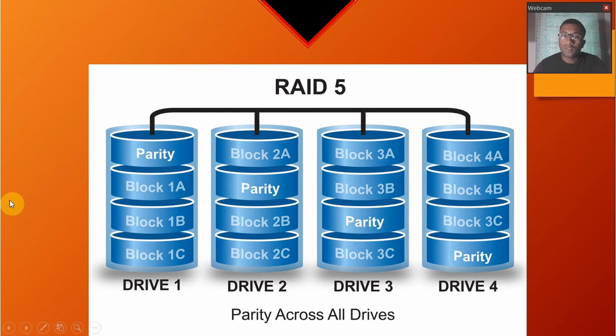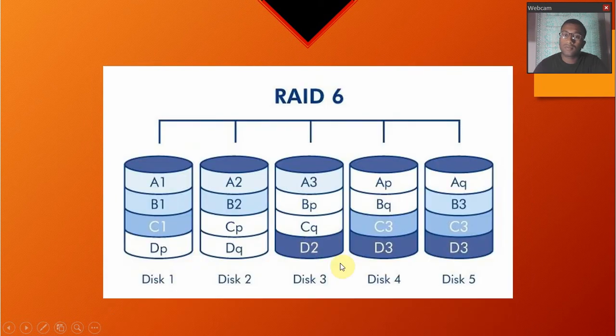And RAID 5, which we are using in the university, is the cheap and best option. That is, in each disk there will be a parity, and these parities will be helpful whenever there is an error in our data, and for our backup. And similarly RAID 6, in each disk there will be two parity bits.